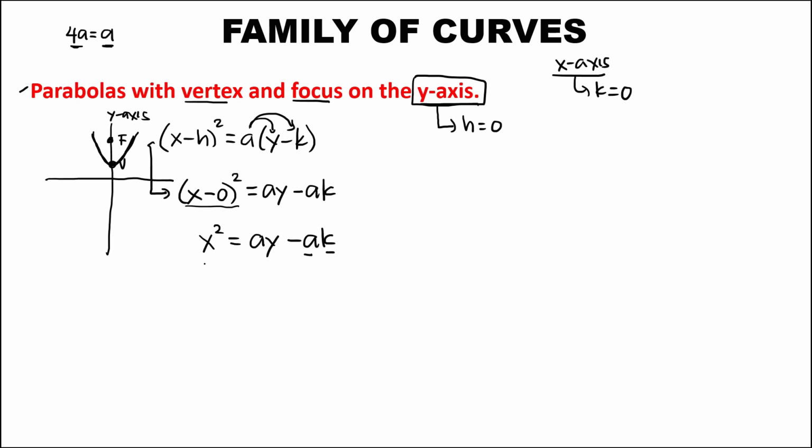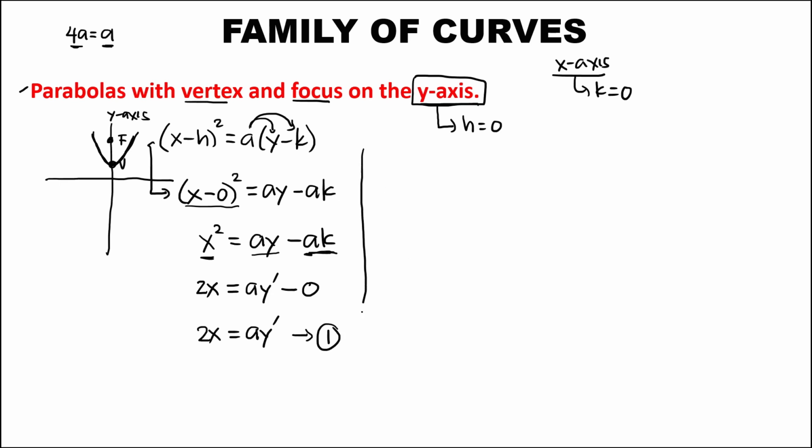So first, for the first derivative, the derivative of x squared is 2x, equals the derivative of a times y, which is a times y prime, minus the derivative of a constant, which is 0. So 2x equals a times y prime. So this is now the first equation.